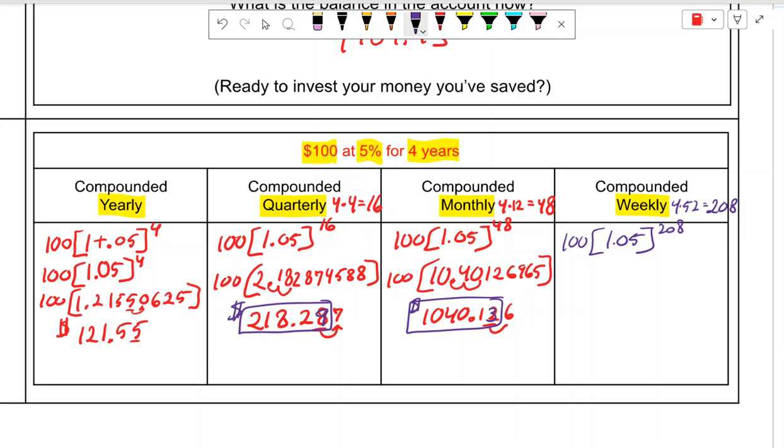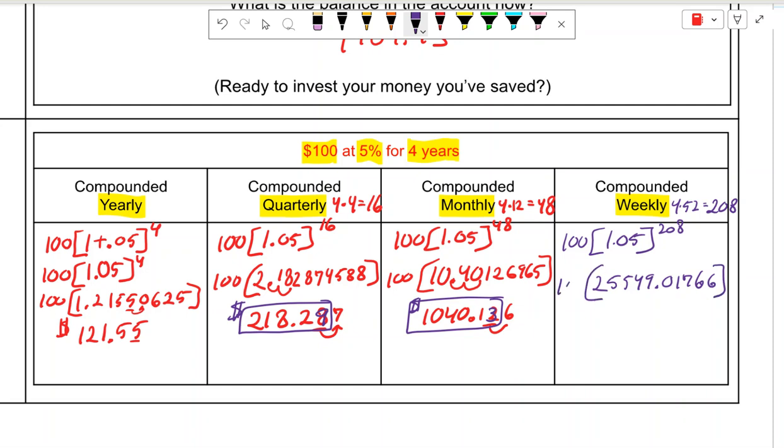So 1.05 exponent, the caret, 208. My screen has 25,549 and 0.1766.